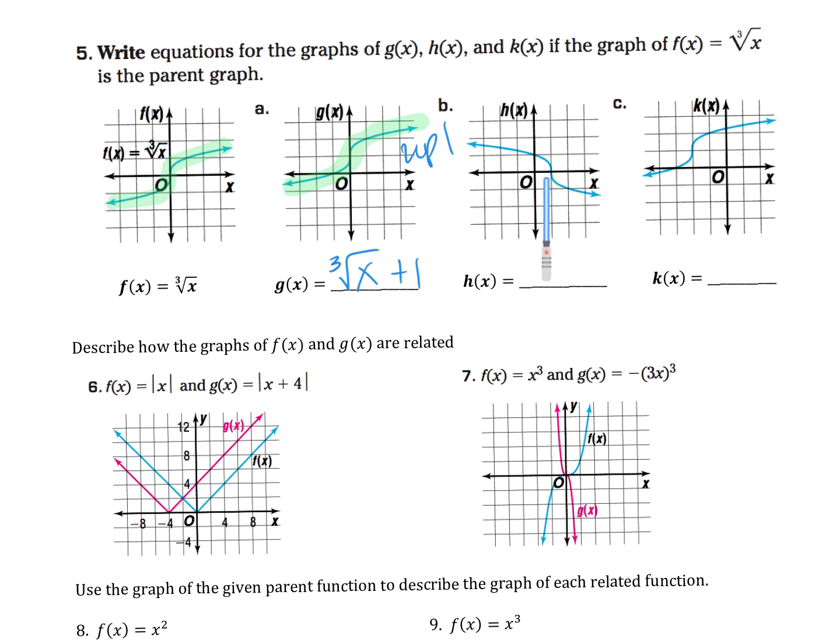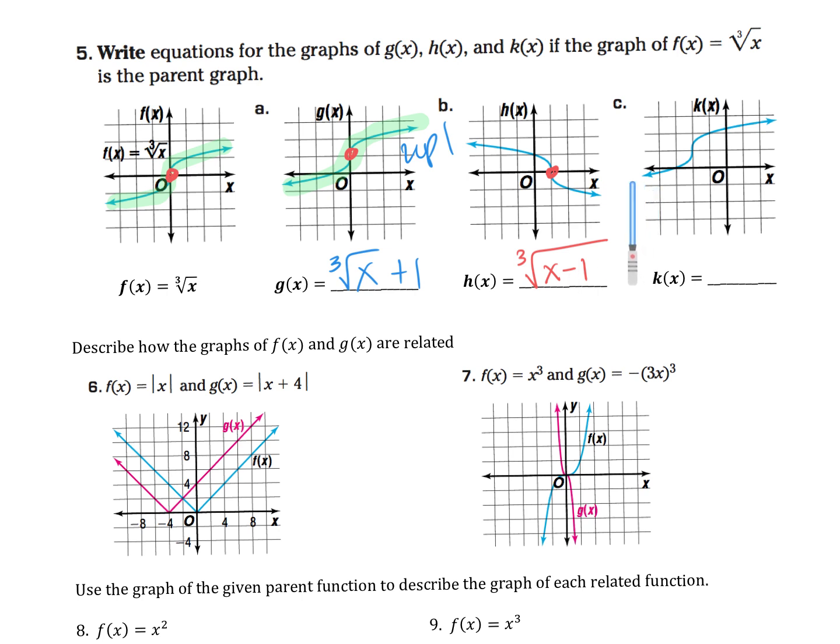Oh, what about this one? Where did they move that? Let me put this in red. The origin was here. We just saw here that they moved it up 1. Now they moved it this way. Yeah, so we got a cube root, and we got to do x minus 1 under the cube root, because you're right, we went right 1. But how are we going to get it from going up from left to right to down from left to right?